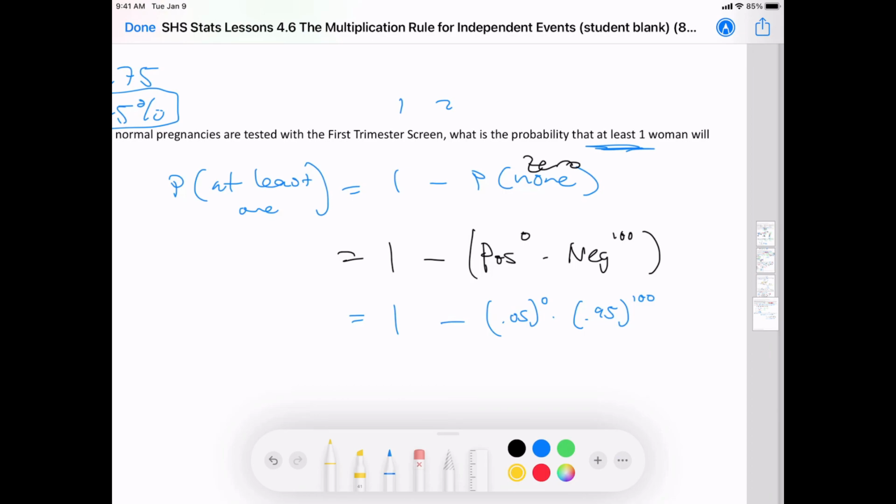And remember, we established anything to the 0 power is equal to 1, so it's just 1 minus 0.95 to the 100th power. And when you put that into your calculator, you will get 0.00592. Remember to change a decimal into a percent. You multiply by 100. That's why I do this little 2 squiggly spots. That means there is a 0.592% chance. So this is really less than 1.